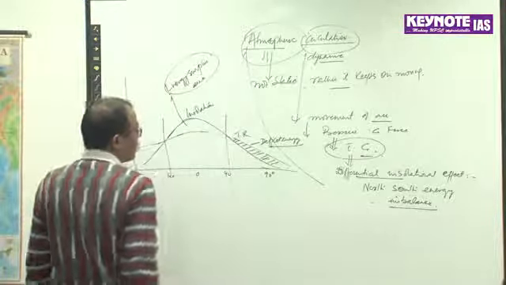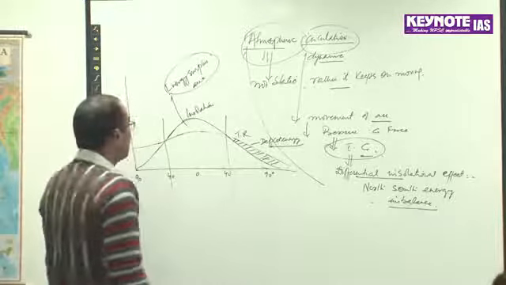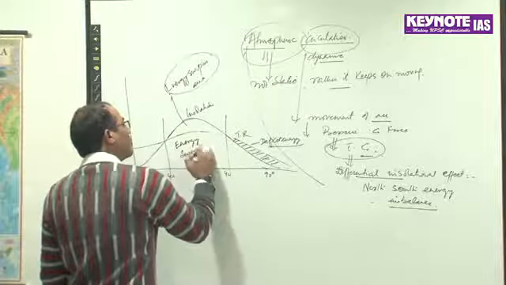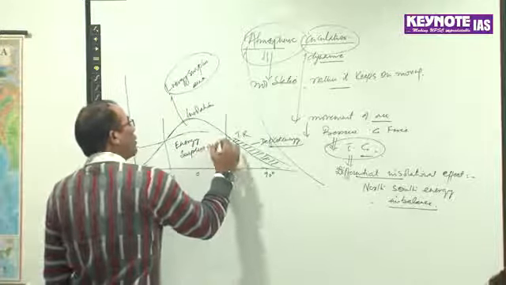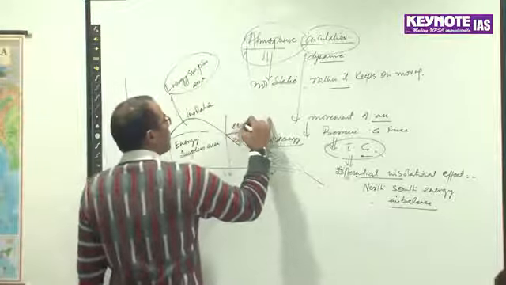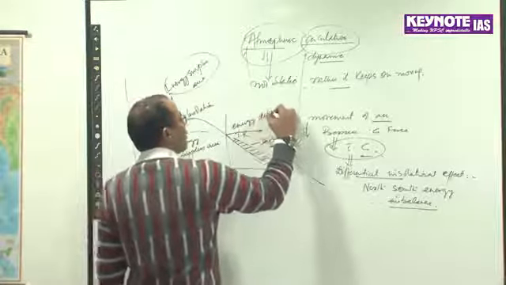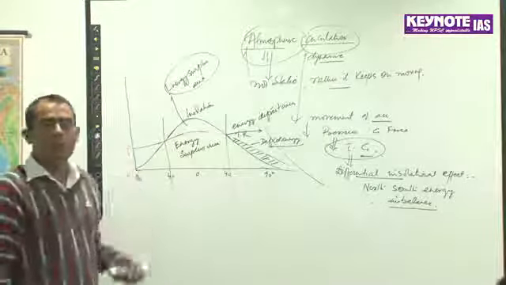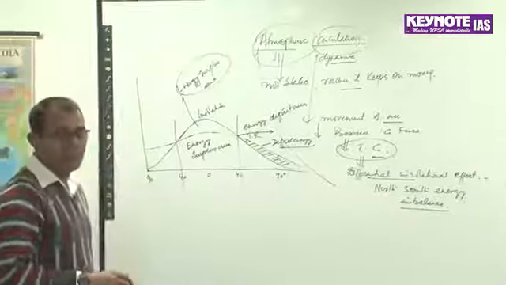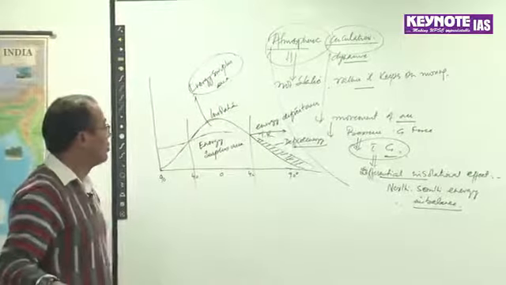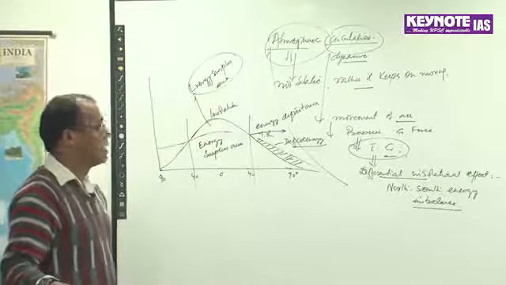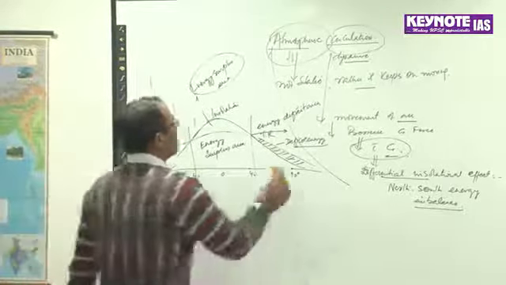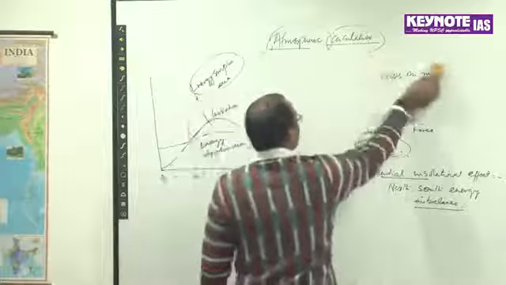Roughly 40 degree north to 40 degree south is the energy surplus area, and 40 to 90 degree is the energy deficit area. That produces north-south energy imbalance, resulting in the pressure gradient force and then the atmospheric circulation.